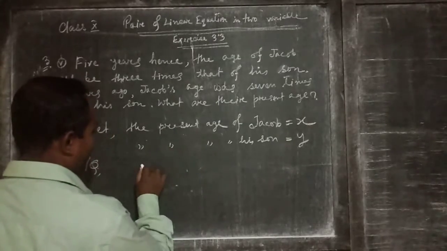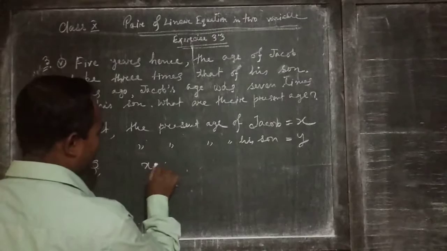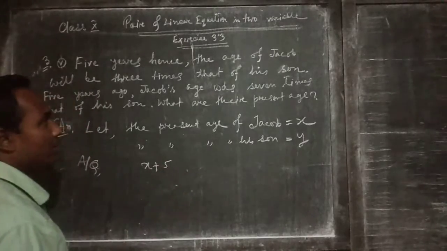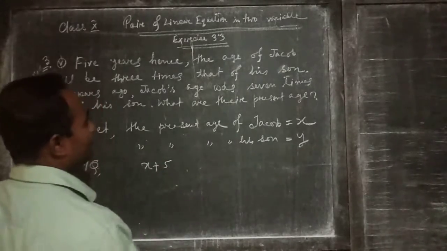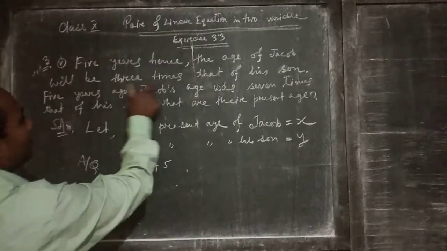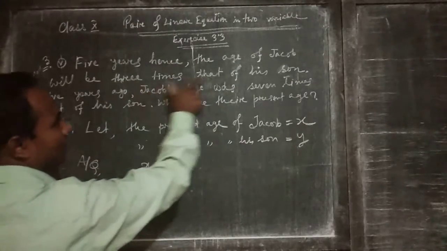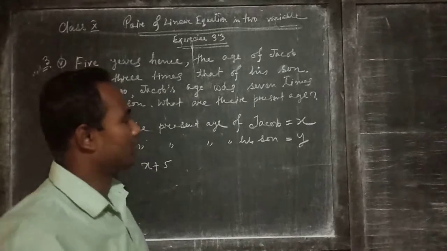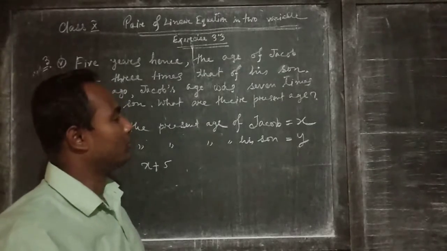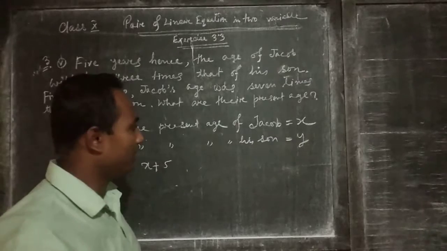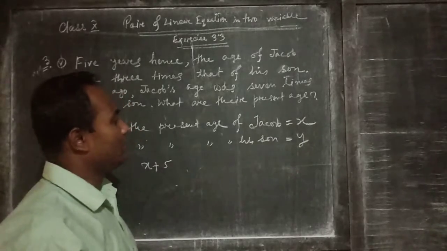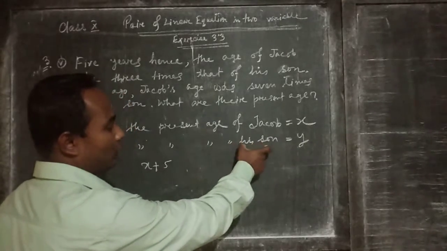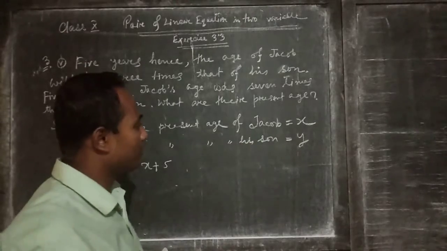Now after 5 years the age of Jacob will be x plus 5, and what is given? The age of Jacob will be 3 times that of his son. That means after 5 years the present age of Jacob will be increased, and similarly the age of his son will also be increased.